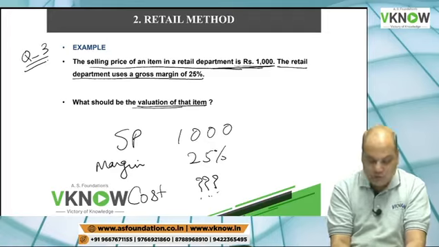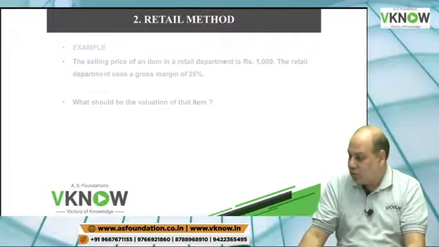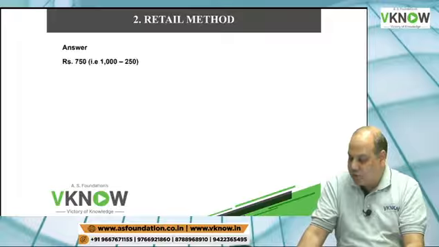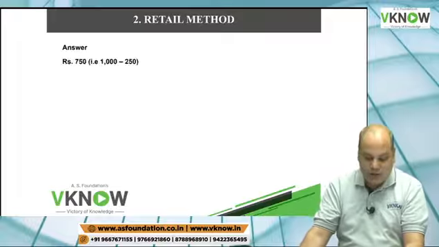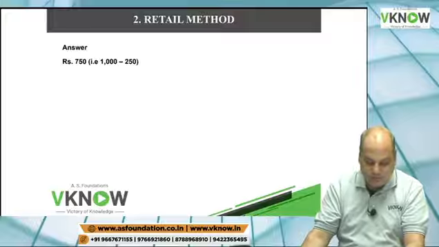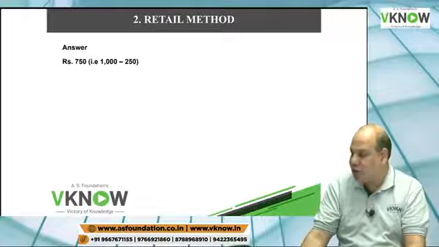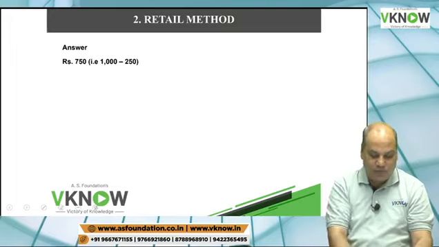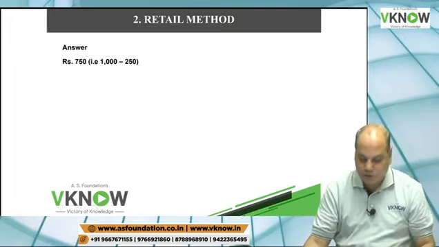Sakshi 750. So the answer is 750. Right answer. 750. 1000 minus 25% is your answer.